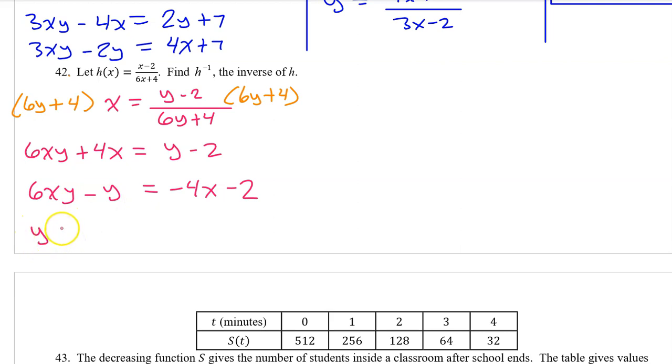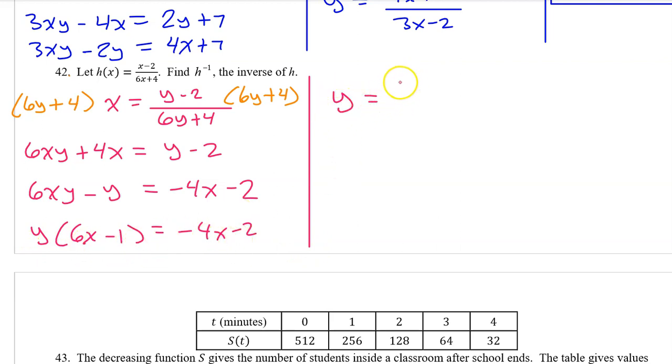So I will put y outside of the parentheses, and this will leave 6x minus 1 is equal to negative 4x minus 2. Now we can isolate the y by dividing both sides by 6x minus 1. So we can write y equals negative 4x minus 2 over 6x minus 1.